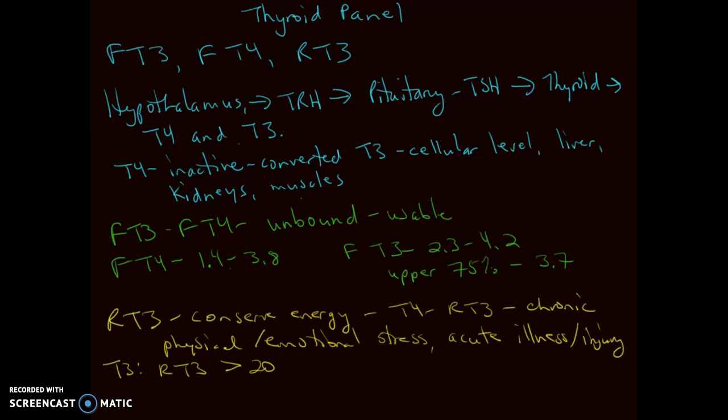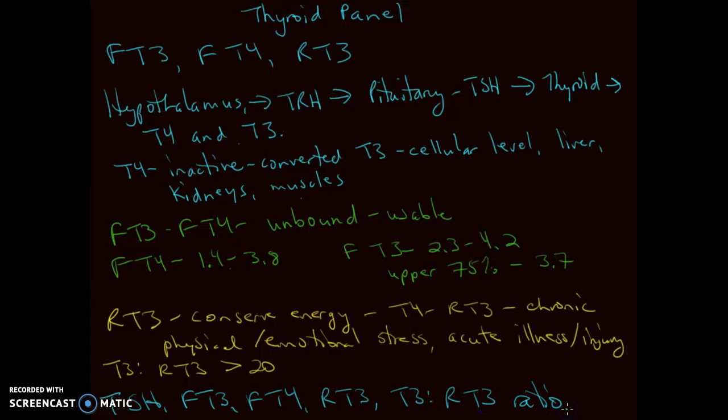So when you are concerned about your thyroid and the doctor wants to run some tests, be sure to ask for a TSH, a free T3, free T4, a reverse T3, and the T3 to reverse T3 ratio.